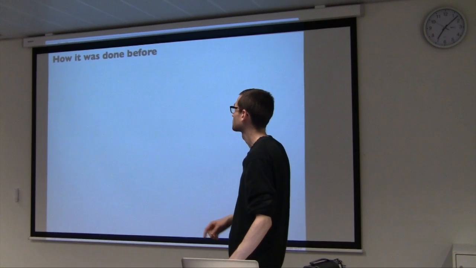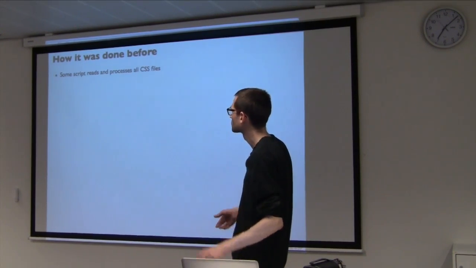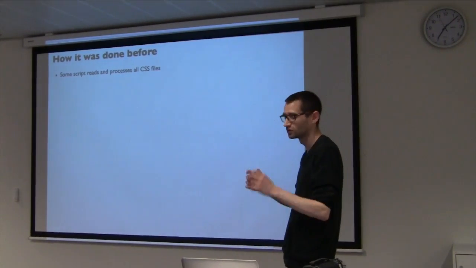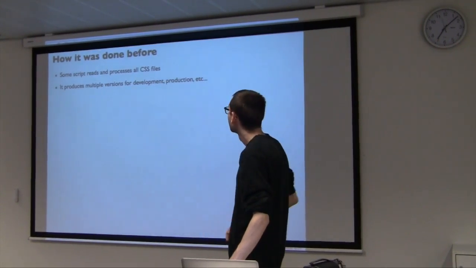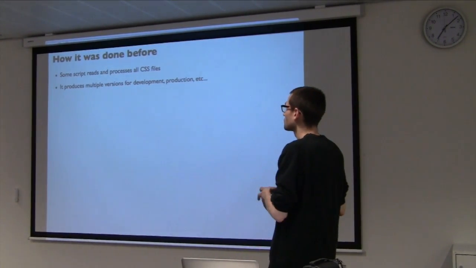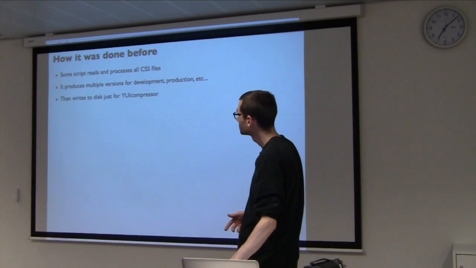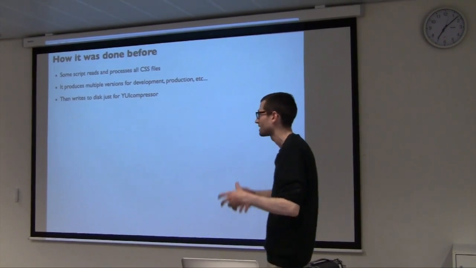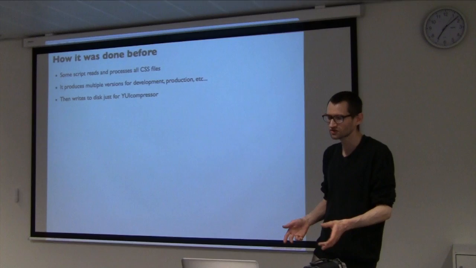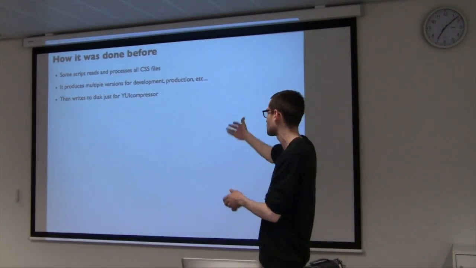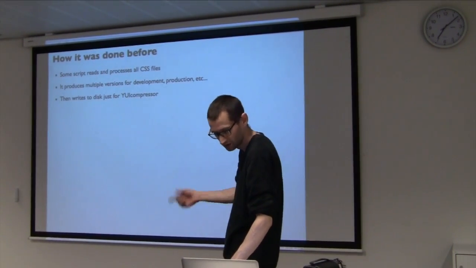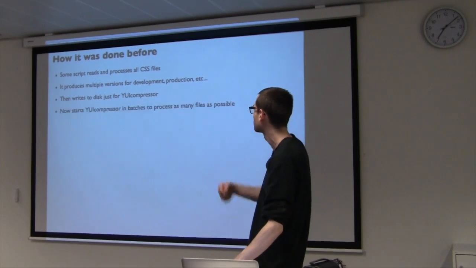With regards to fast, how it was done before: there was a script that slurps in all the CSS files, then produces multiple versions of that, and in order to do that, it has to write all files to disk just to pass them to the Java YUI compressor, which will then churn through it again and spit it back.